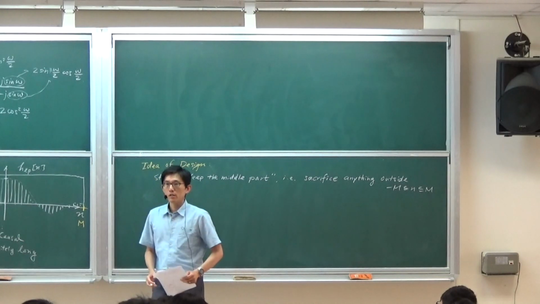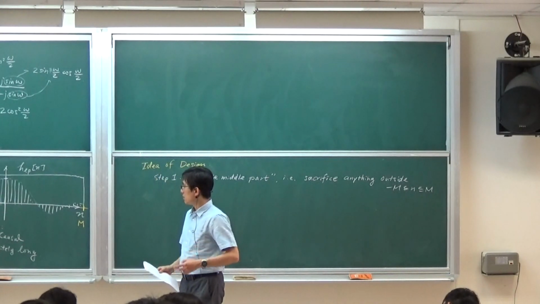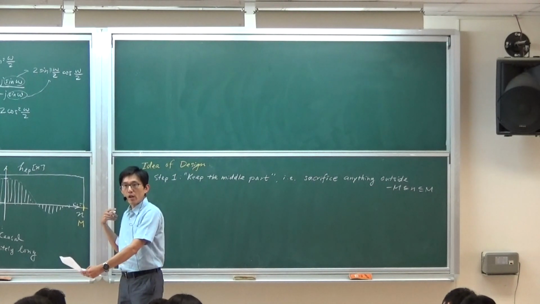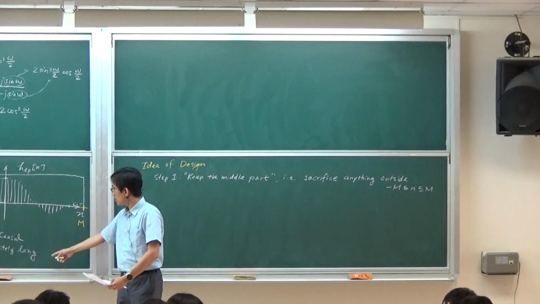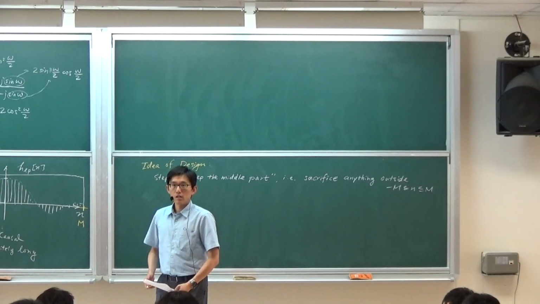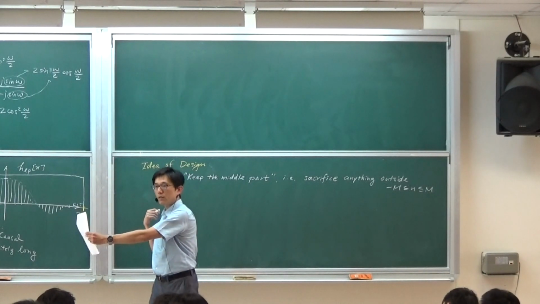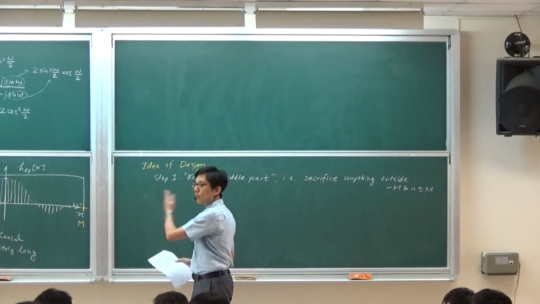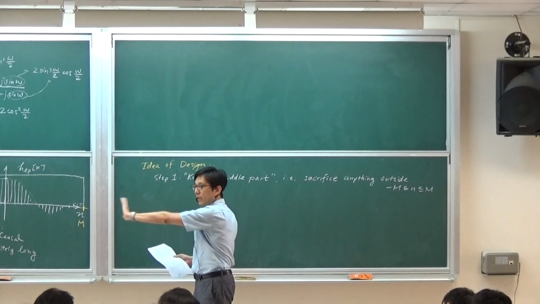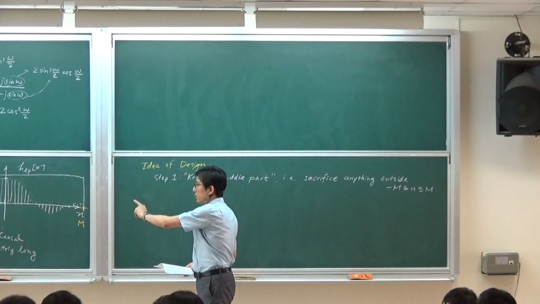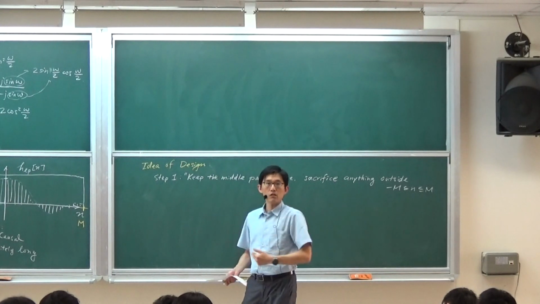Okay, so the first step kind of solved our second problem. Now after throwing away everything outside the range minus N to N, the result is no longer infinitely long. The length of our filter becomes finite. By throwing away the tail part, the result becomes finitely long.